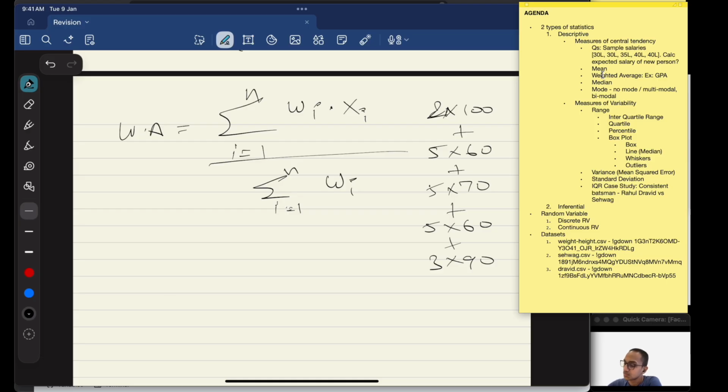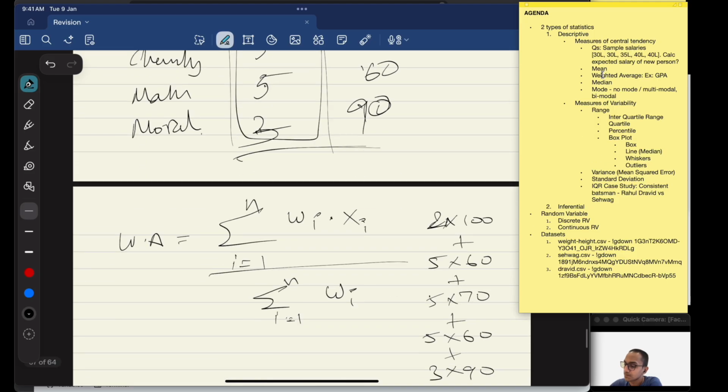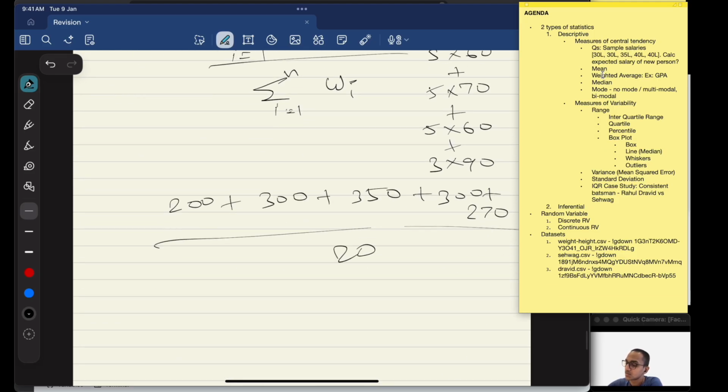What would this be, like 200 plus 5 6 are 300 plus 350 plus 300 plus 270 over sum of the weights. So we want to add all these weights, which would be 10, 15, 17 and 20. That's a nice 20 there.